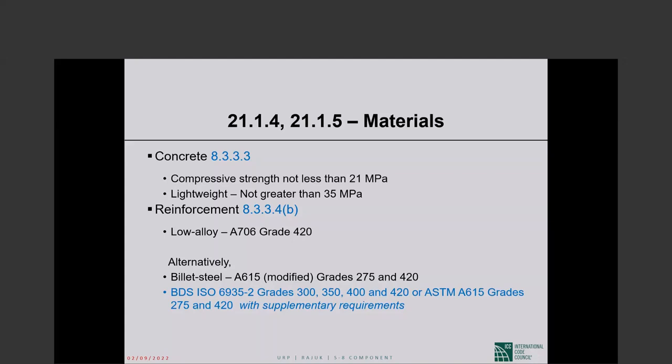That is ACI 318-19 stuff. When you are dealing with ACI 318, the ASTM A706 edition that it references has only grade 60 reinforcement, or grade 420 in your units.